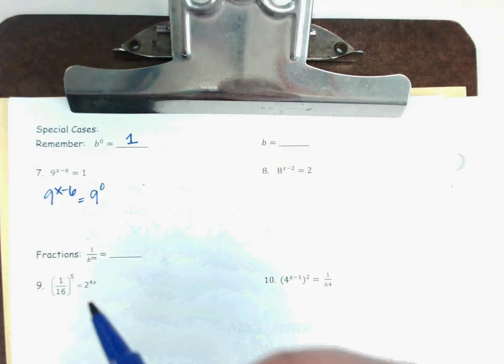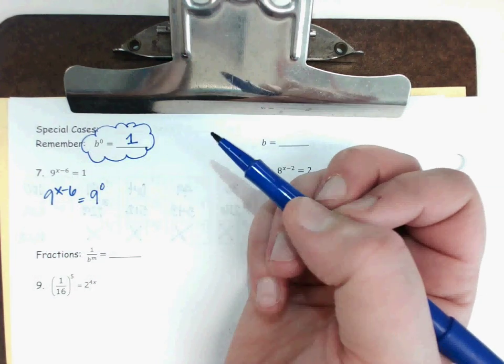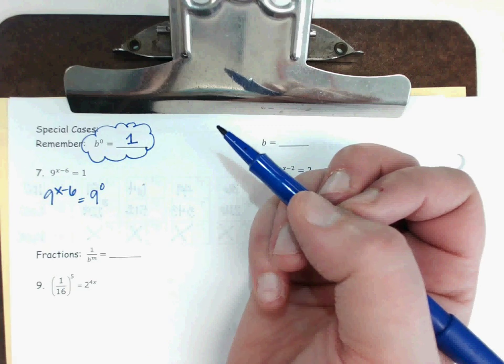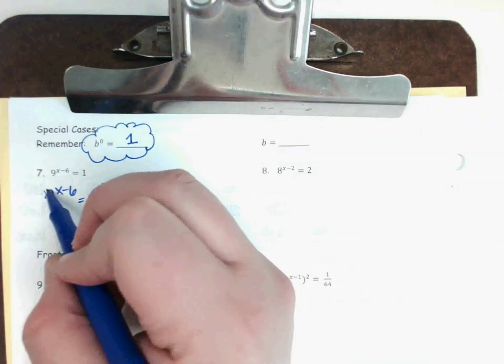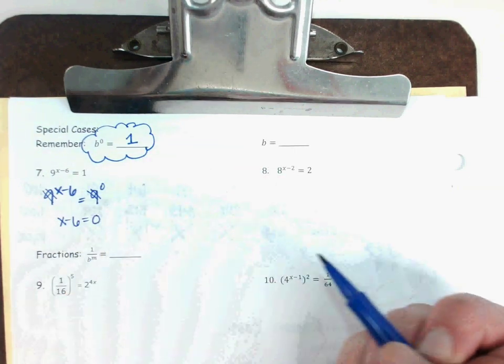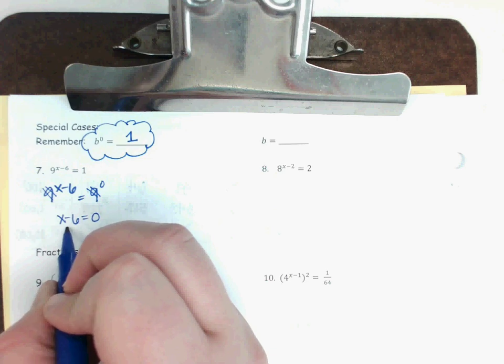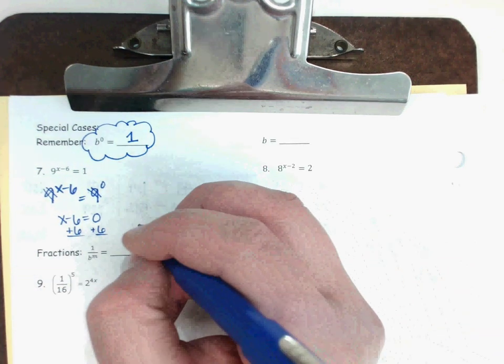So we're going to use this special rule right here. Anything to the power of 0 is 1. Then if I have a 1, I can use whatever base I want as long as I put a 0 on it. So from there, my 9's cross out. I have x minus 6 equals 0, and then how do I solve it? Plus 6. Plus 6 plus 6. So x equals 6.